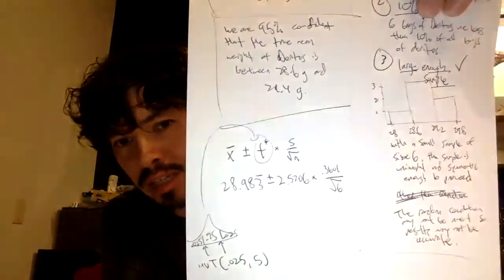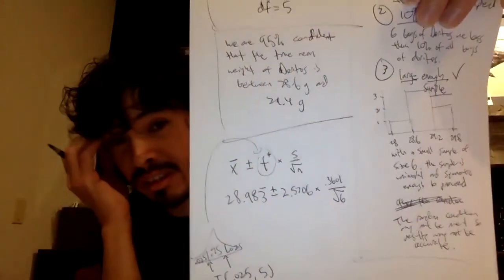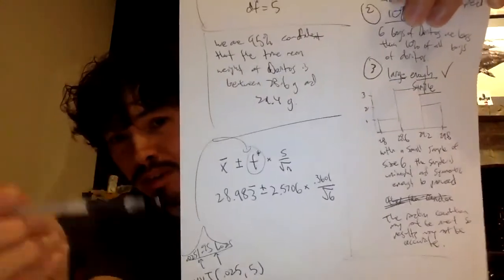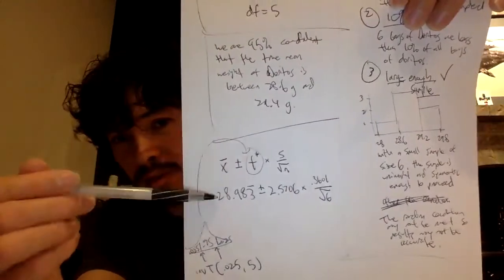So this is everything plugged into the formula, and actually you won't get a multiple choice this year, but before they would have questions where you had to break down that formula. And let's crunch it out. I'm just going to quickly crunch it out, see if it gives us the same interval. 0.3601 divided by square root 6 times 2.5706. That's the margin of error, 0.378.